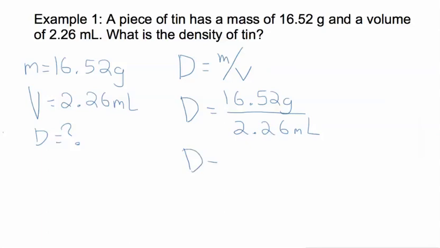And when you do your math, you should get 7.31, and round a little bit for me. If you're worried about rounding, always give me at least 3 good numbers. And if you look at the units, they should be grams divided by milliliters, because nothing cancels out. We have both of them.